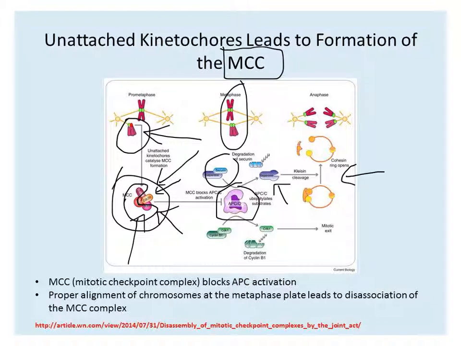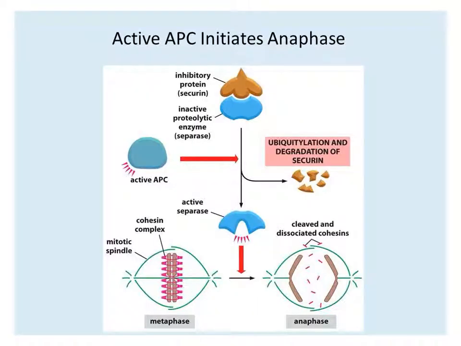So ultimately, this MCC, this mitotic checkpoint complex, inhibits the APC by binding to CDC20, and essentially that's going to prevent activation of APC and sister chromatid separation until CDC20 is released, and it's only going to be released when alignment occurs.